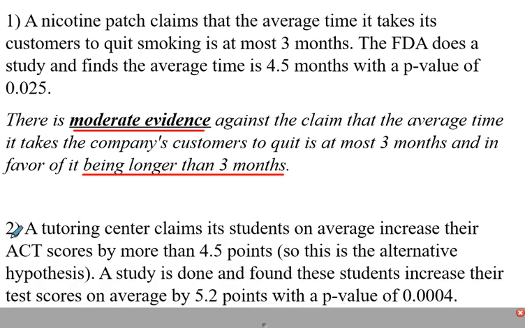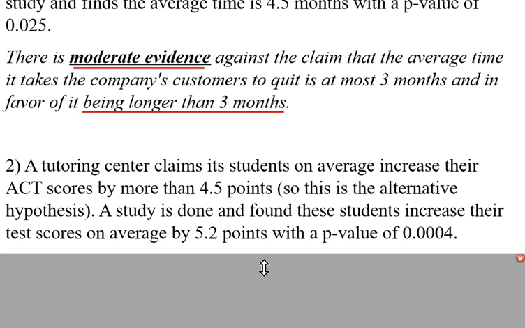Second scenario. A tutoring center claims its students on average increase their ACT scores by more than 4.5 points. A study is done and found that these students increased their test scores on average by 5.2 points with a p-value of 0.0004.